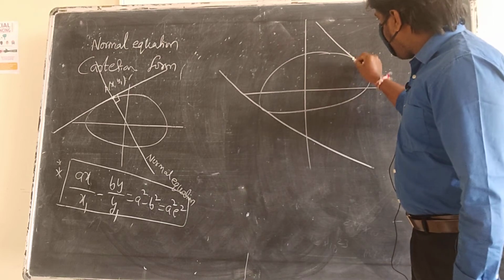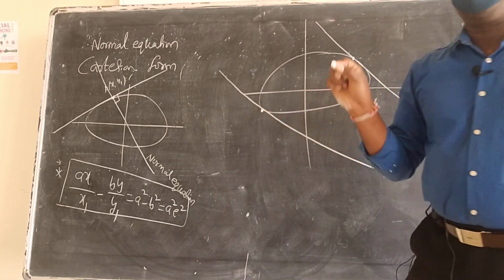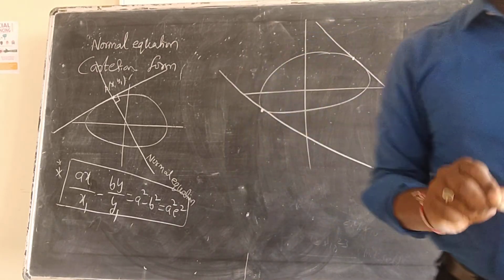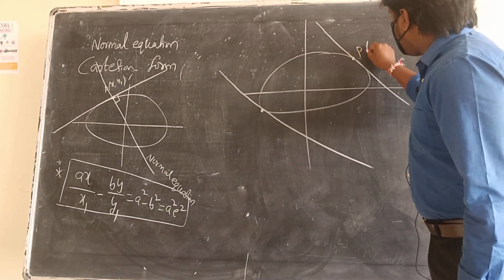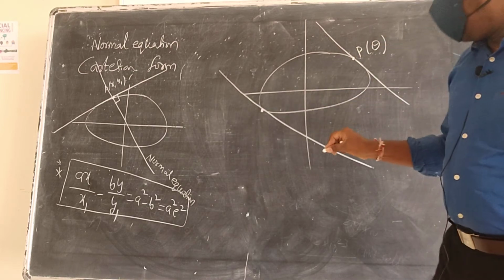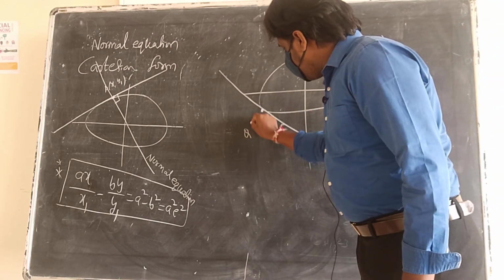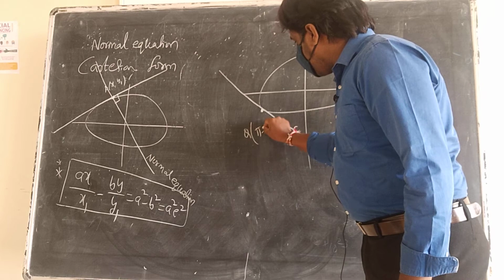Then the eccentric angle between these two parallel tangents on the ellipse is pi. Means if this point is at angle theta, then the other point will be pi plus theta.